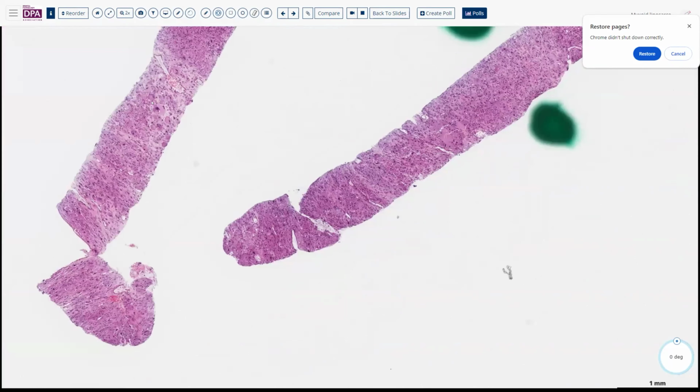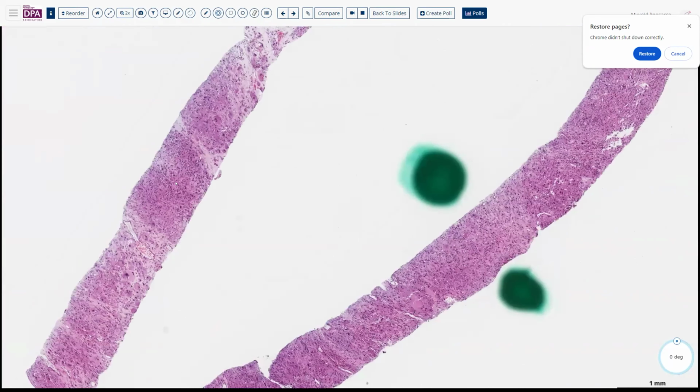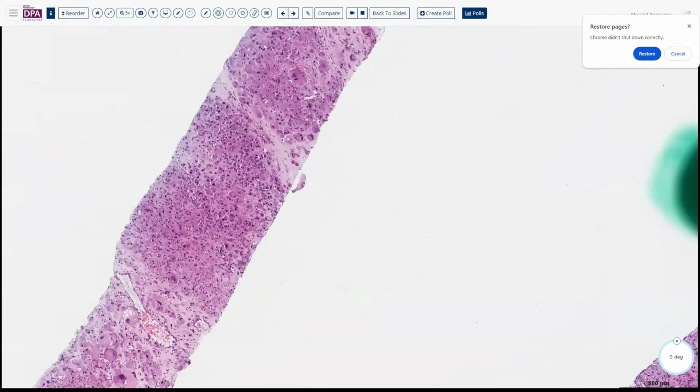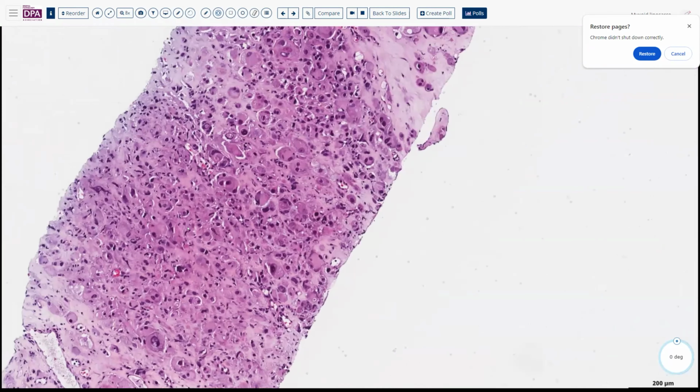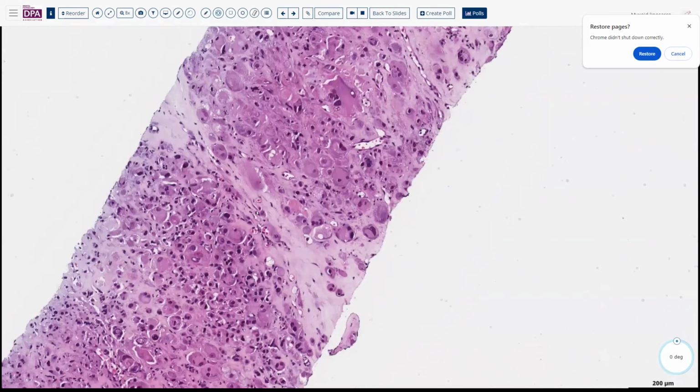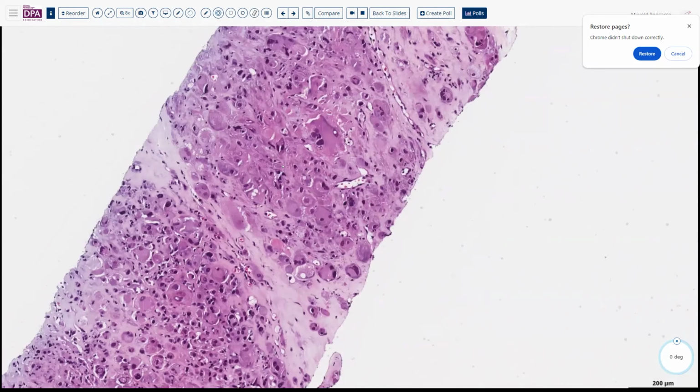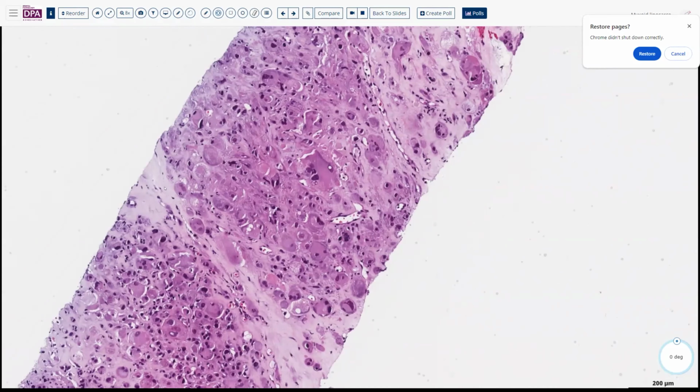Now, thinking back on my training years, I think there's no way under heaven that I would ever have looked at this case and thought, this looks like a myxoid liposarcoma. It just doesn't look like what I had imagined as a myxoid liposarcoma. And that's one of the things that is happening as we further refine our tools. Yes, there is a little bit of myxoid tissue here. And yes, these cells are somewhat rounded.